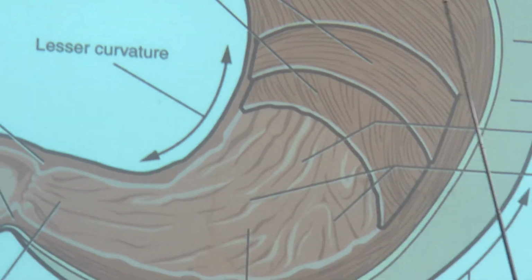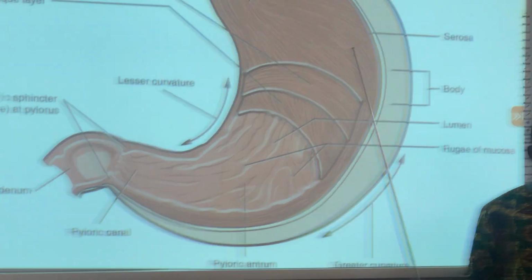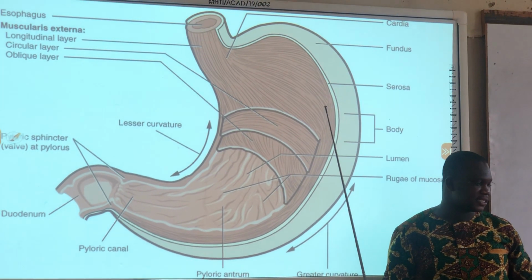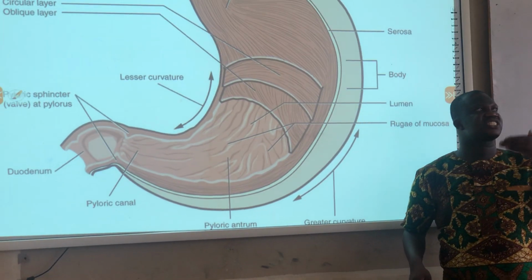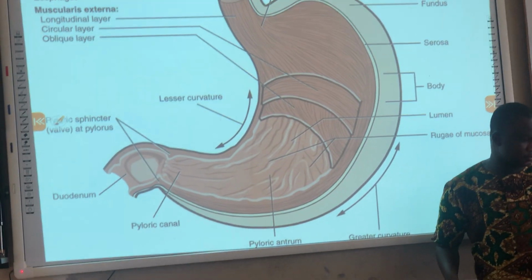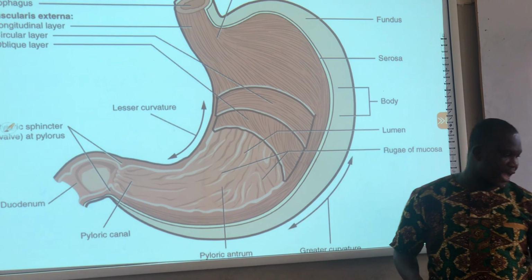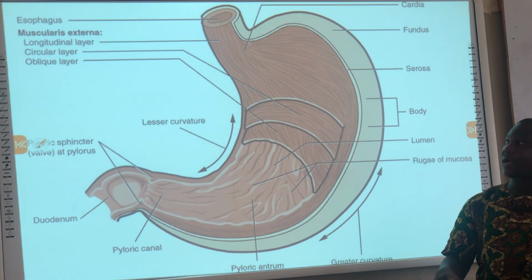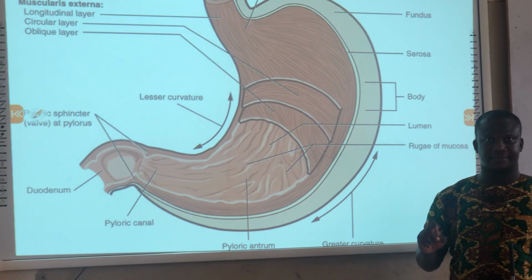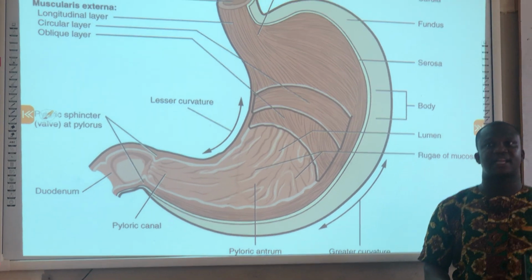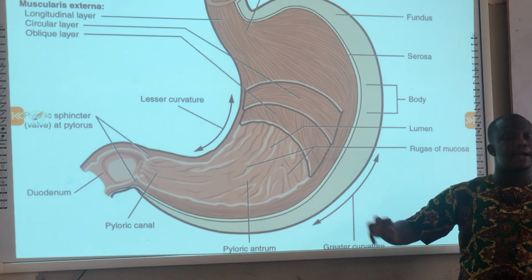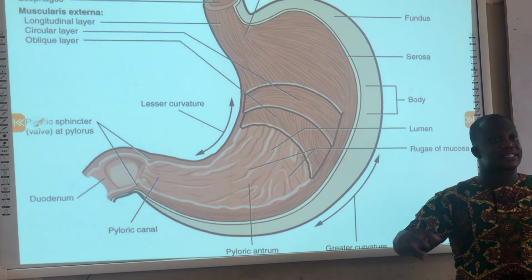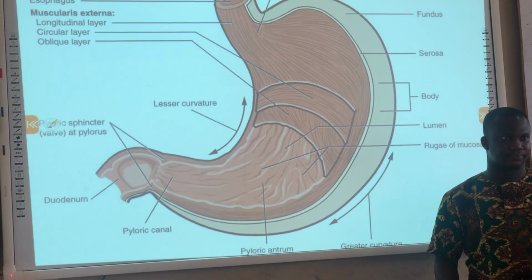So the muscular layer is made up of 3 layers. Remember that these 3 muscular layers produce churning action in the stomach whenever they contract. When you say churning action, it's the process of the muscular layers of the stomach mixing food with gastric secretion.